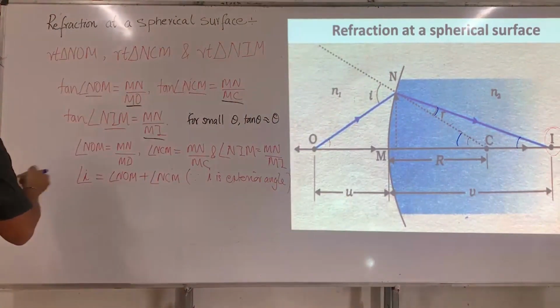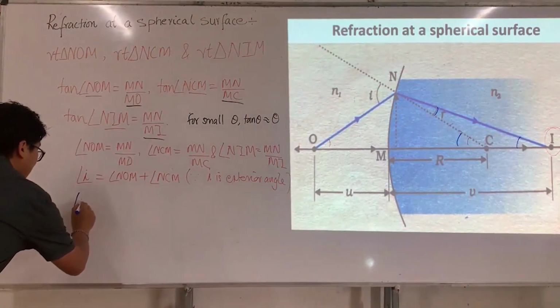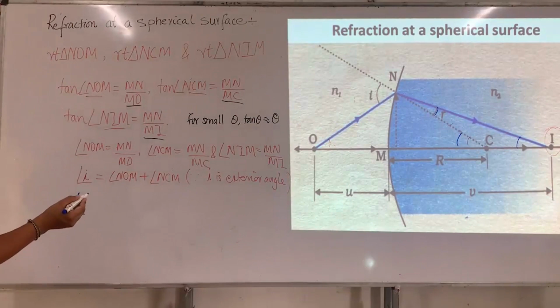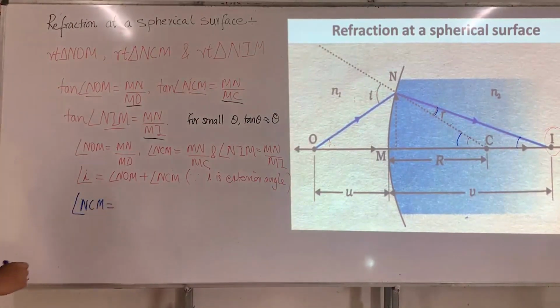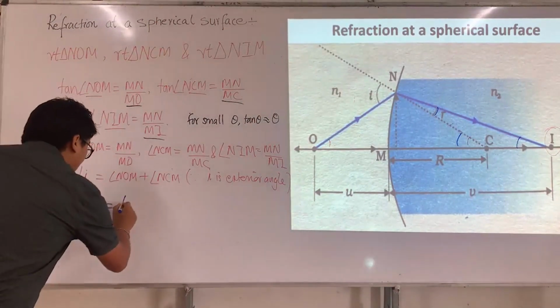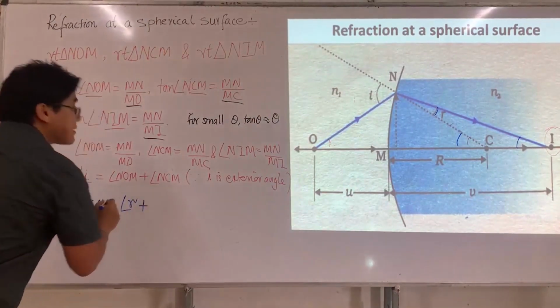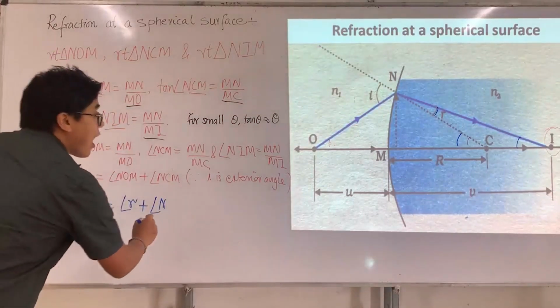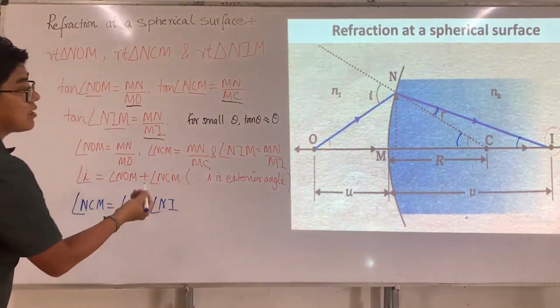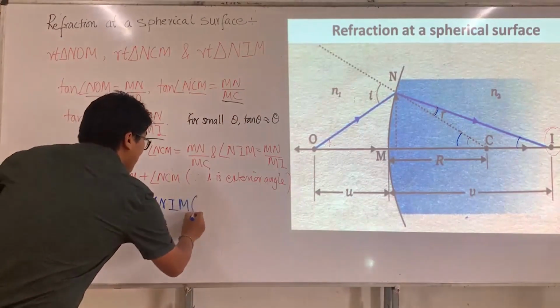So again, I just write here angle NCM is equal to angle R plus angle NIM. Why?